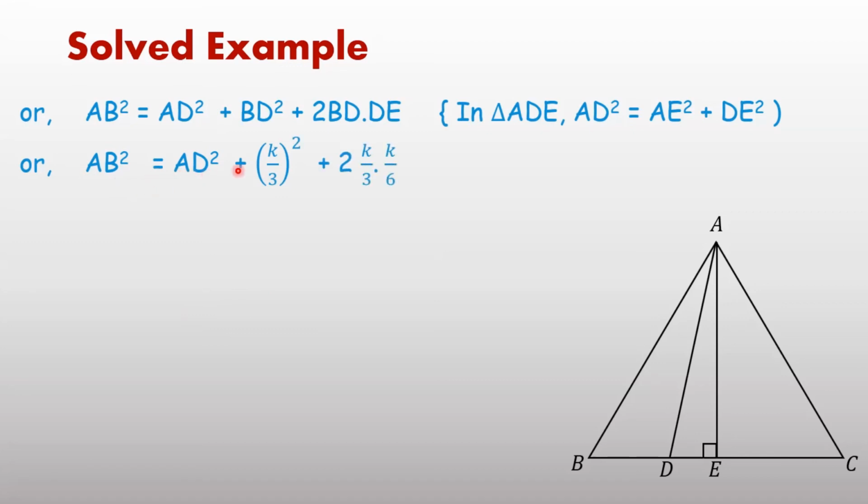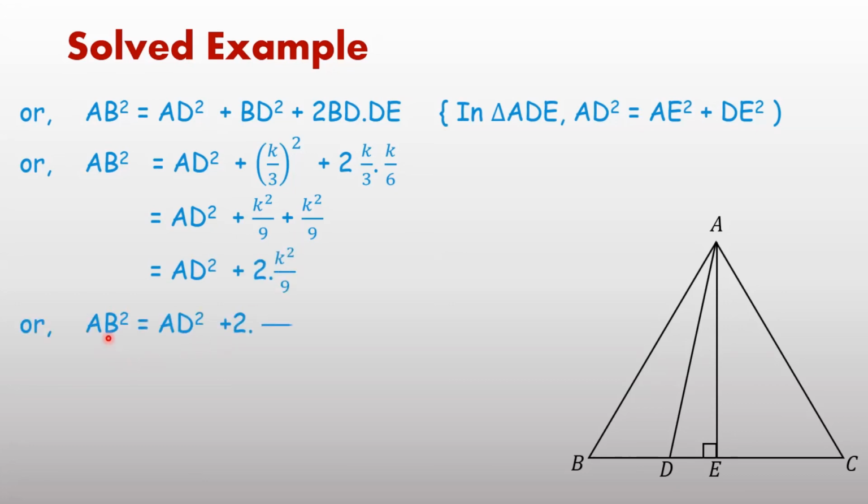AB square equals AD square plus BD, means K upon 3 whole square, plus 2 BD, means K upon 3, into DE, K upon 6. Further simplify. K square upon 9 plus 2 into K square upon 18, which is K square upon 9. K square upon 9 plus K square upon 9 we can write as 2K square upon 9.